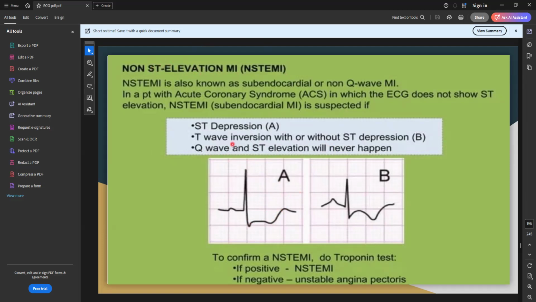You will not find either Q wave or ST elevation. If you are in doubt to confirm the non-STEMI, you have to do the troponin test and find out whether it is an MI or unstable angina pectoris.